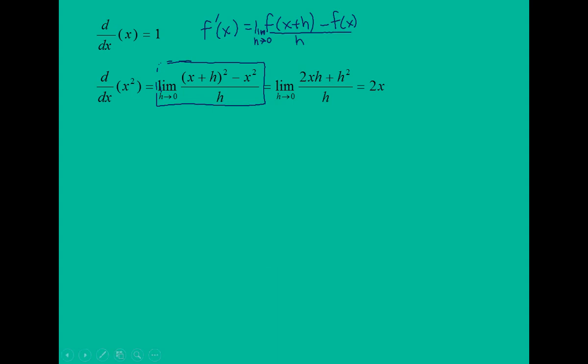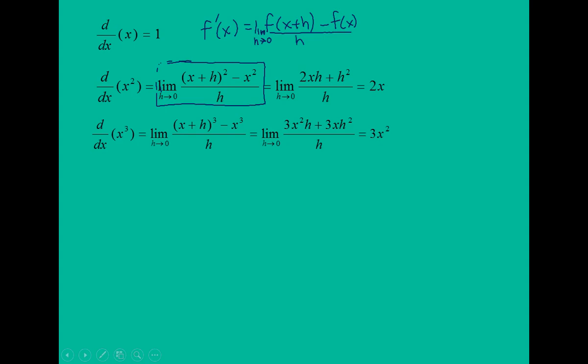So we found, using the limit, that the derivative of x squared equals 2x. Let's be looking at patterns here. Next, we're going to look at the derivative of x cubed. So if our function is x cubed, and if we're trying to find the derivative, we would use the limit again.